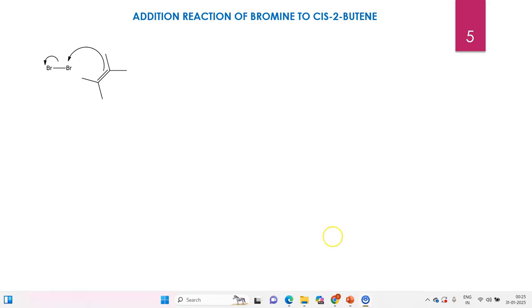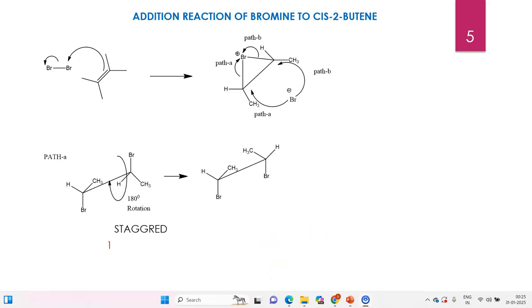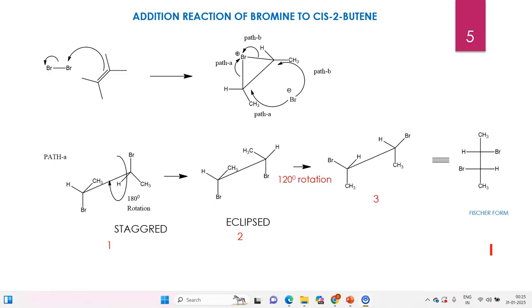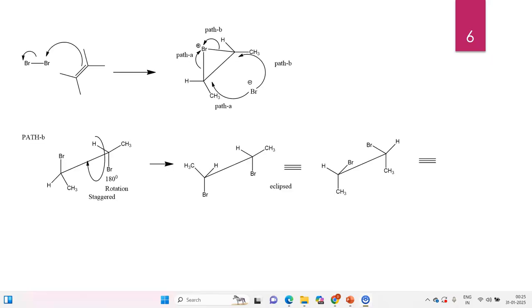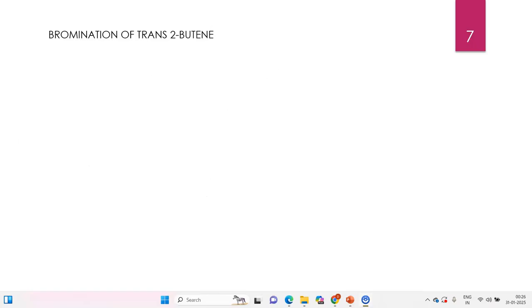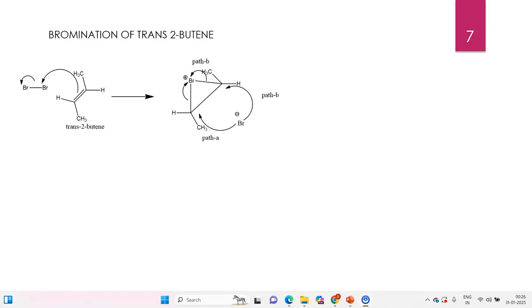Next is just a recap of this. Another is the bromination of trans-2-butene. What happens here? Again, bromine will be added. Just see the position of this CH3 and CH3.